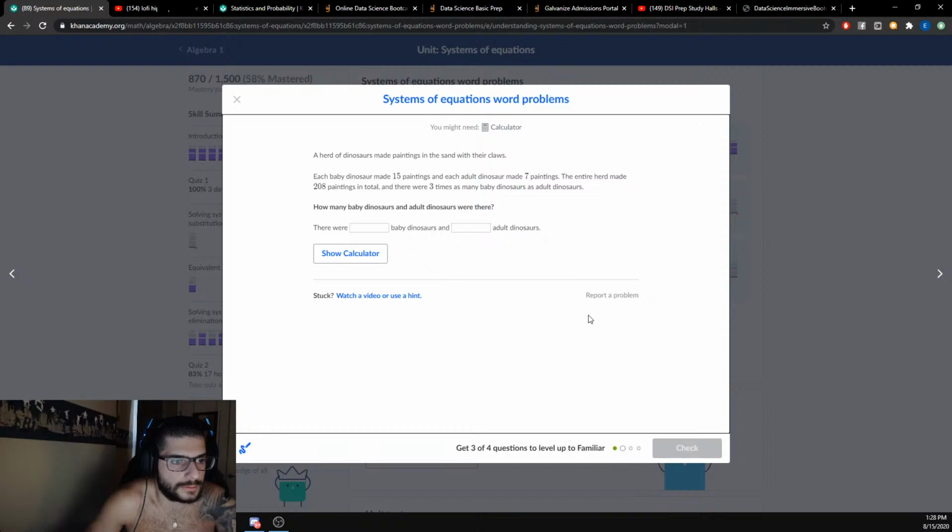It's going to be 15x plus 7y equals 208, and there were 3 times as many baby dinosaurs. So y equals 3x.